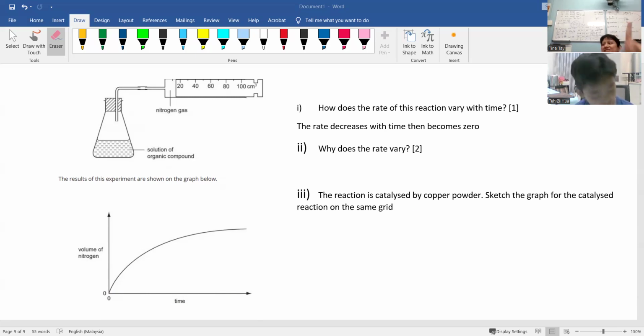No. In one reaction, why does it stop and then become zero? Which factor? Reactants will be used up. Okay, reactants used up is not a factor. Which one? Temperature, pressure, catalyst, concentration, or particle? Temperature will decrease over time. No, why would the temperature increase or decrease over time?